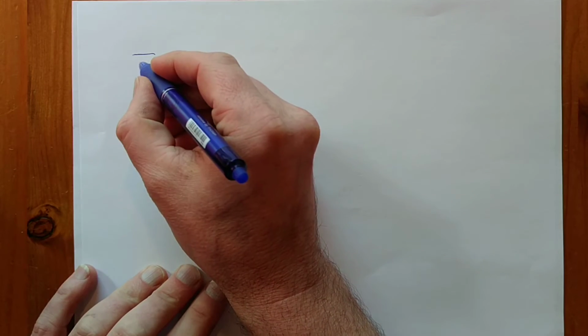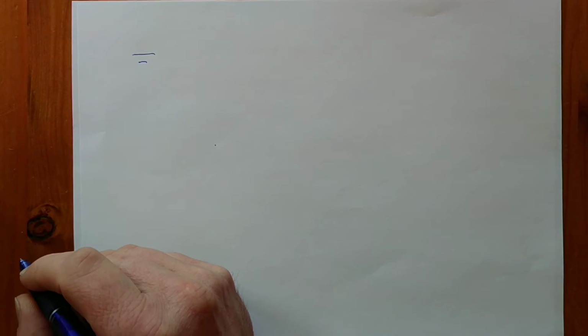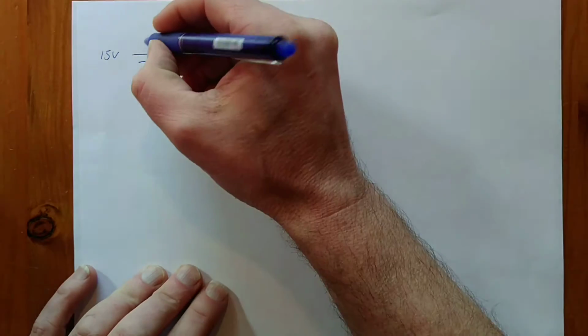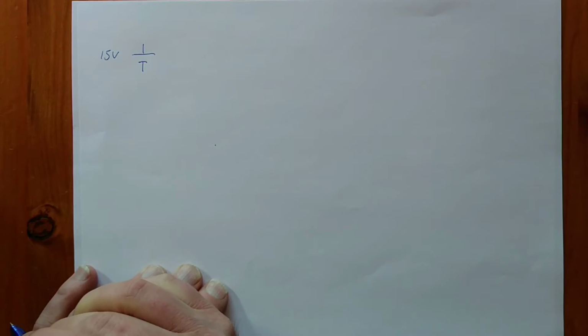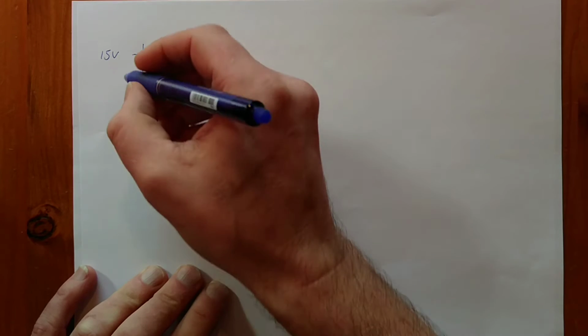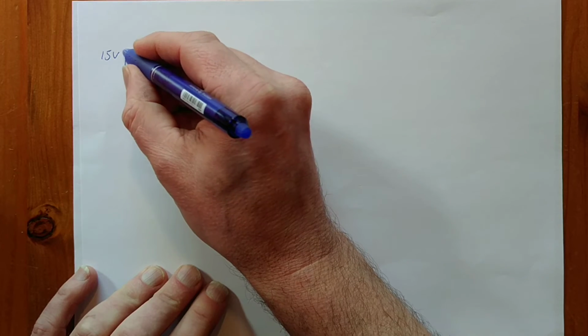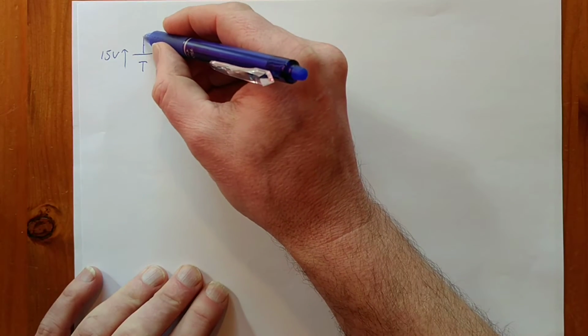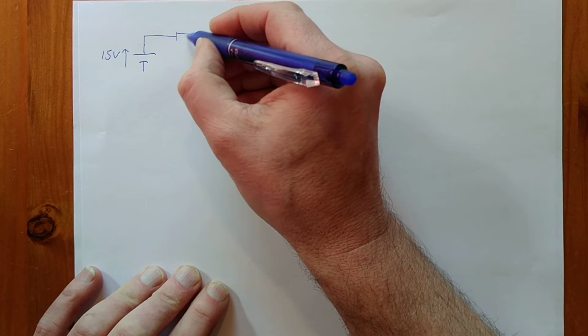We will have a cell here with a voltage of, say, 15 volts, and if I want to draw an arrow to indicate the direction of the voltage, so to speak, we draw an arrow towards the positive end, from negative to positive. Say we have then a resistor here.